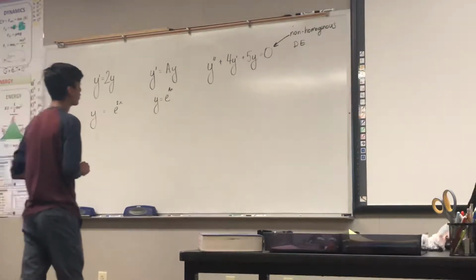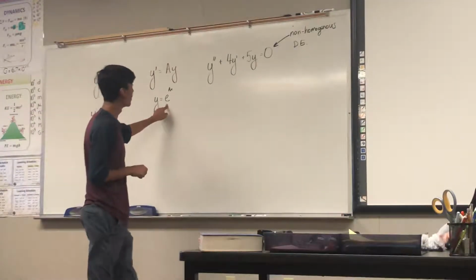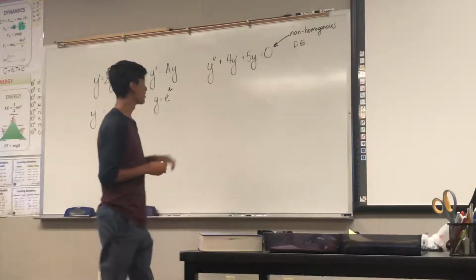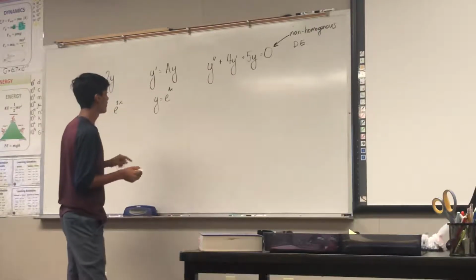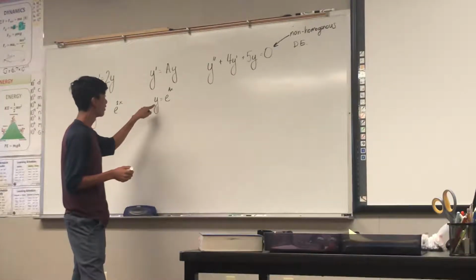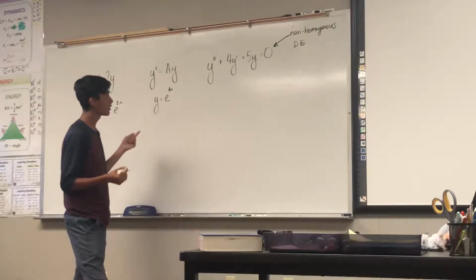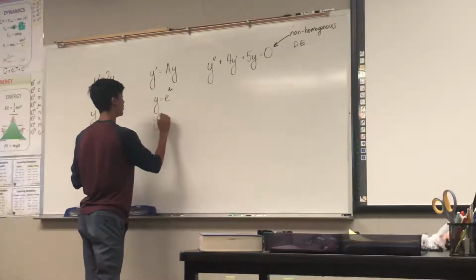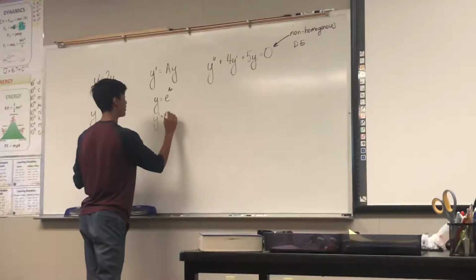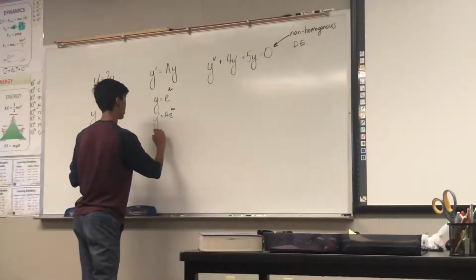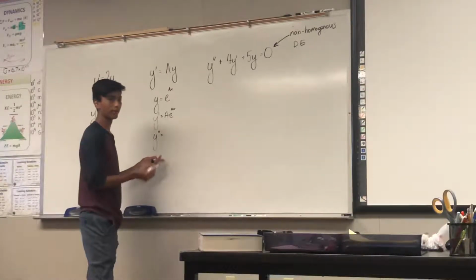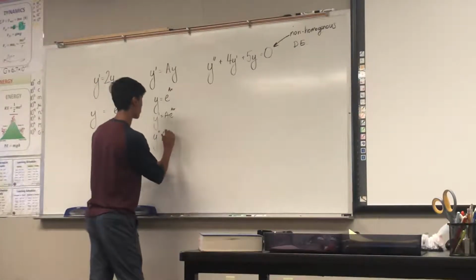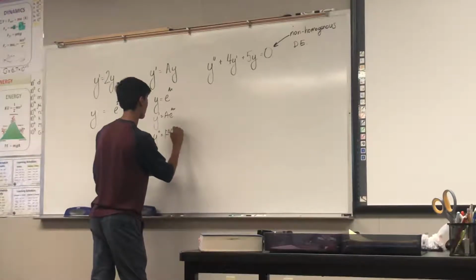So taking what we know here, we could apply it to these equations too. If we have y equals e to the ax as a solution, then y prime is equal to a e to the ax, and y double prime is equal to a squared e to the ax.